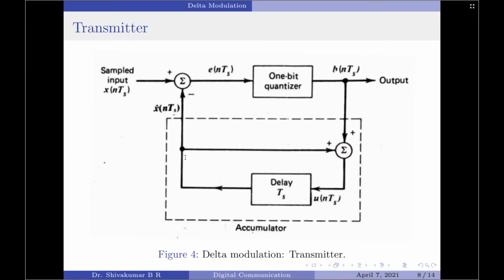Let us go back to the transmitter and verify this. You see the input to the quantizer is an error signal, and since we only have a 1-bit quantizer, the output of the quantizer will definitely be the input plus or minus 1. So instead of having either a digit or a number at the output, the quantizer output is represented as the sign of the quantizer input, which is e(nTs).